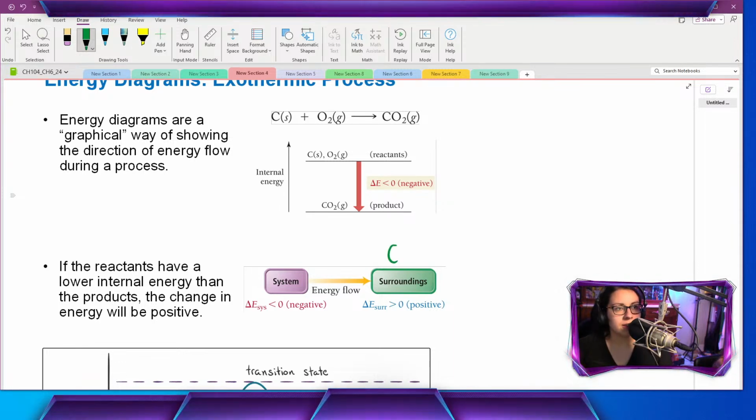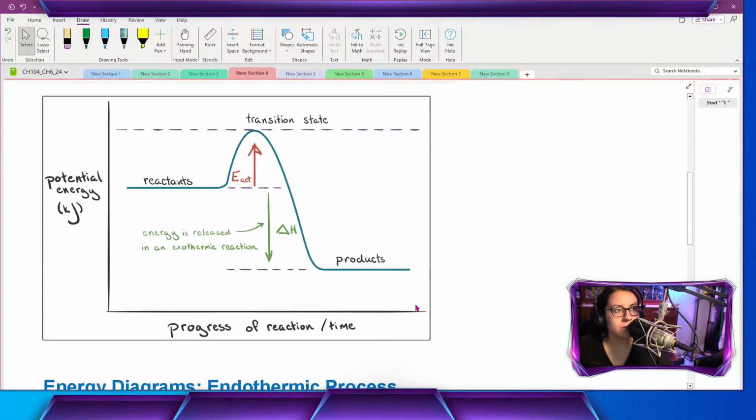So the surroundings, aka, you. So you would feel that positive change in enthalpy. So feel that heat.